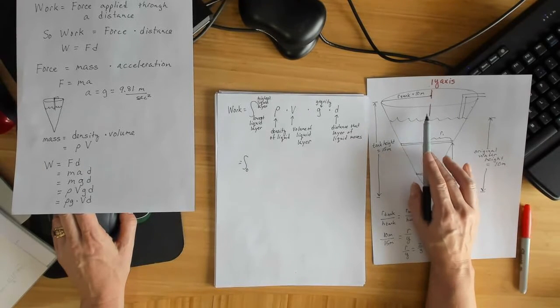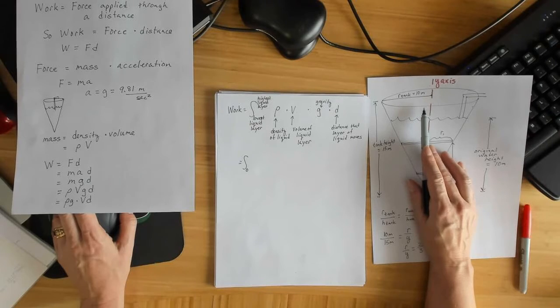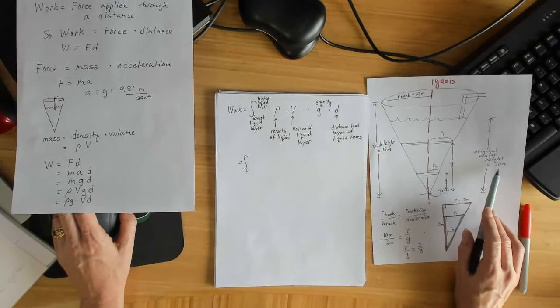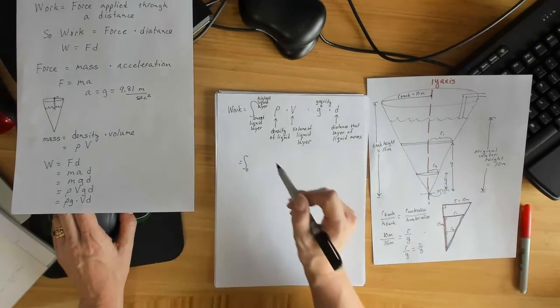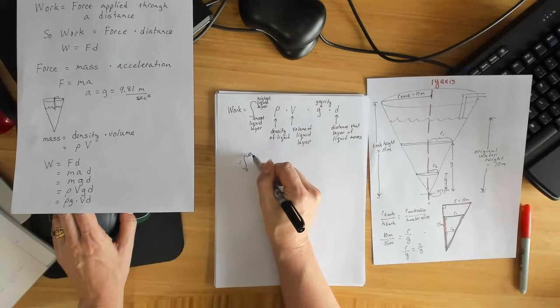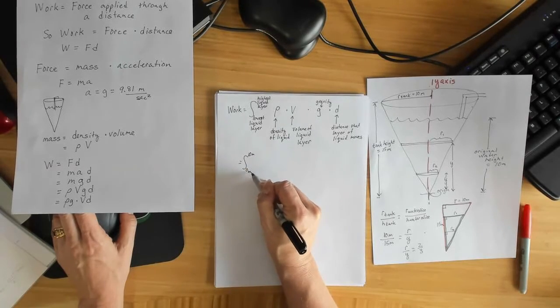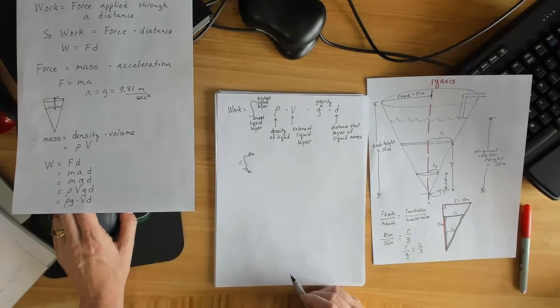The water does not go to the top of the tank. I can't move water I don't have. So my highest water layer has to be at the original depth of the water, which is 10 meters. So mine is going to go from 0 meters to 10 meters. And you'll notice that I've included the units to help me determine later whether or not I've worked it correctly.